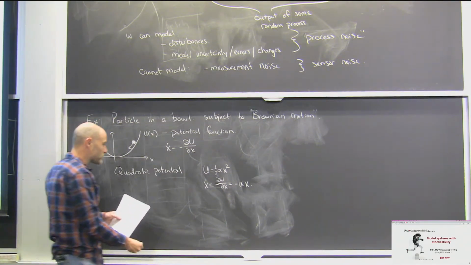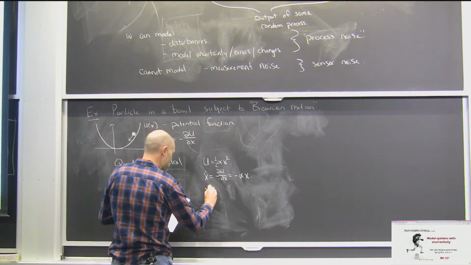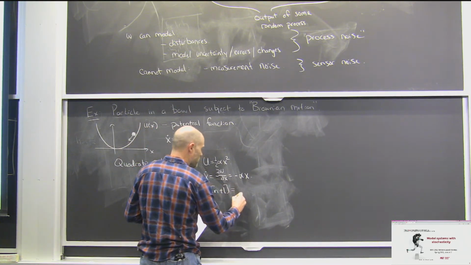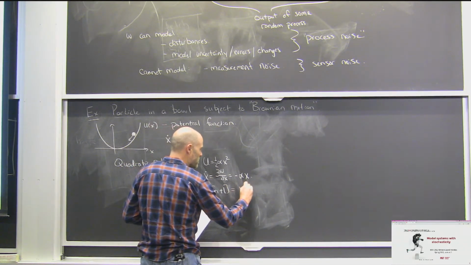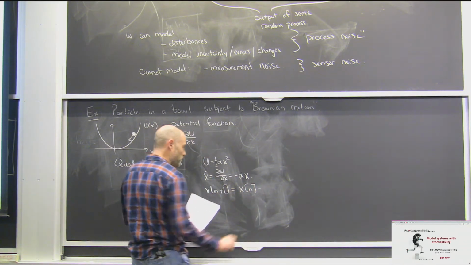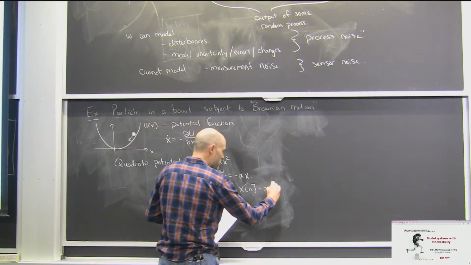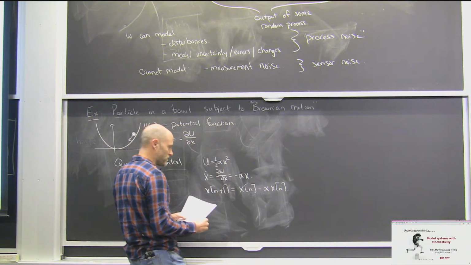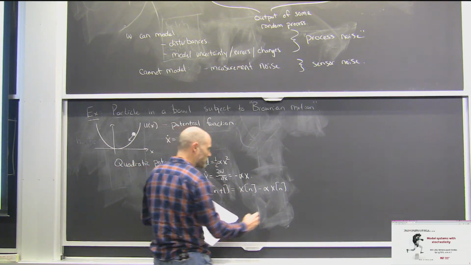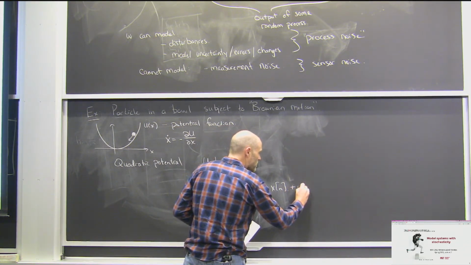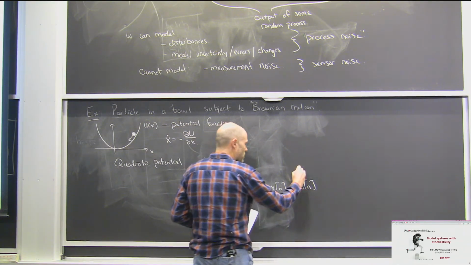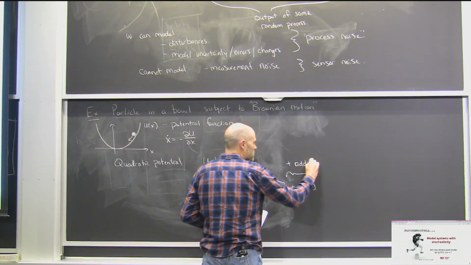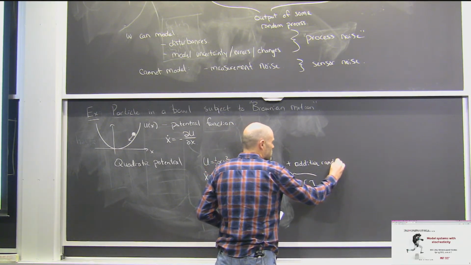Okay, so I'm going to do one extra step here and say that x_{n+1} is going to be, I'm going to make a discrete time approximation here, x_n minus alpha x_n. So that's like having my time step of dt is of size 1. And then I'm going to add additive random noise.